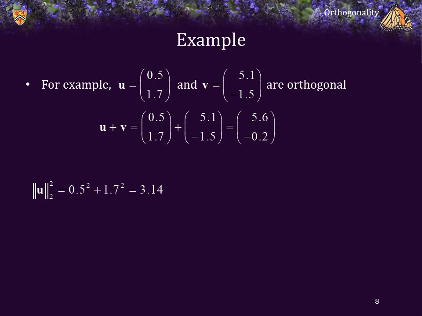Well, let's calculate it out. 0.5 squared plus 1.7 squared is 3.14. 5.1 squared plus 1.5 squared is 28.26. And 5.6 squared plus 0.2 squared is 31.4. And you will notice that 31.4 is equal to the sum of 28.26 plus 3.14.